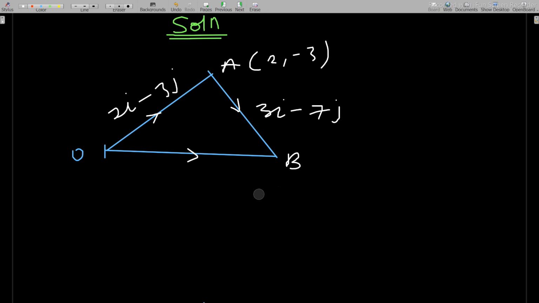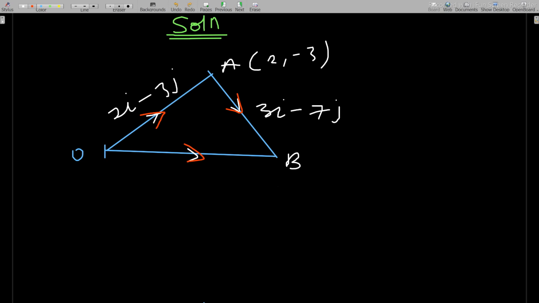Using the triangle law of vector addition that we just studied, if you have arrows moving in the same direction, you add them, and it should be equal to the arrow moving in the opposite direction. The arrows moving in the same direction are these, all moving in this direction, but OB is meeting them at this point in the opposite direction.